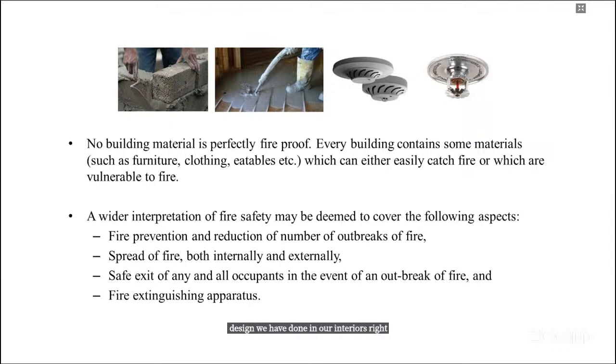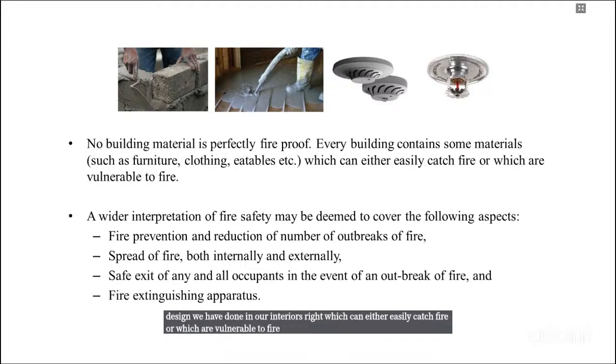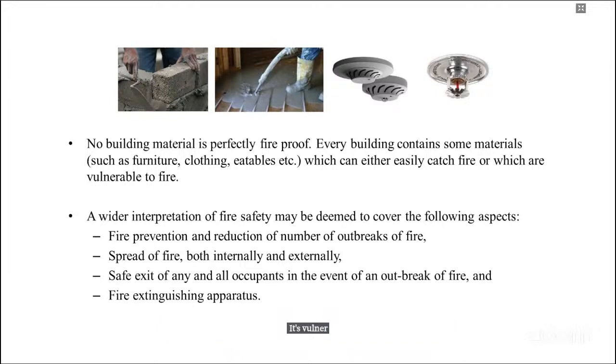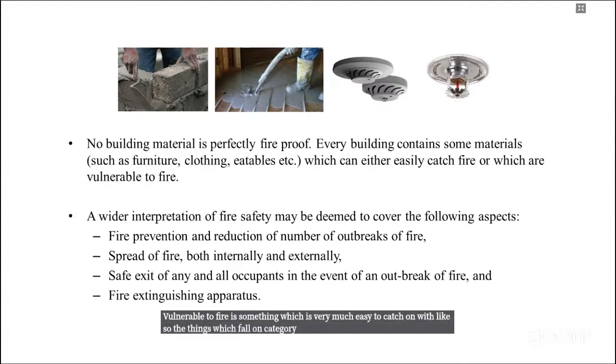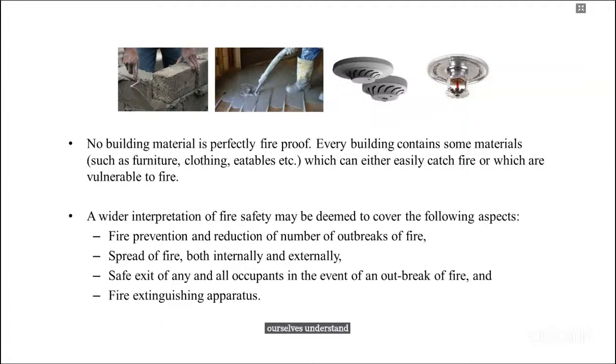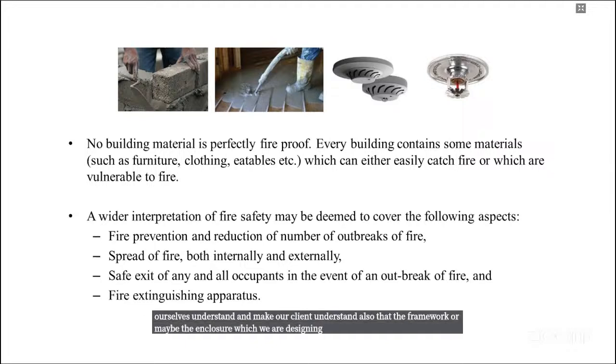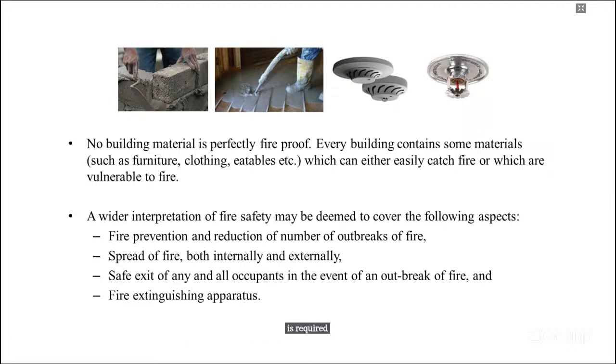Some materials can easily catch fire or are vulnerable to fire. Vulnerable to fire means very easy to catch fire. The things which fall in category A are very easy to catch fire. So we need to make ourselves and our client understand that the framework or enclosure we are designing requires this type of material, right?